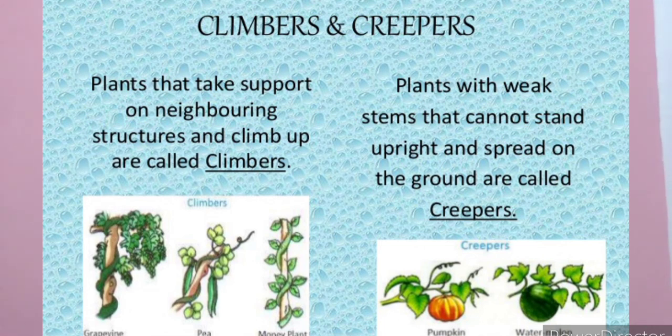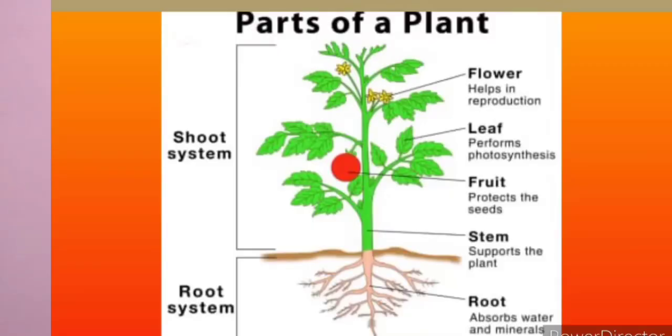Plants with weak stems that cannot stand upright and spread on the ground are called creepers. So how many kinds of plants do we have? We have the herbs, the shrubs, the trees, the climbers and the creepers.